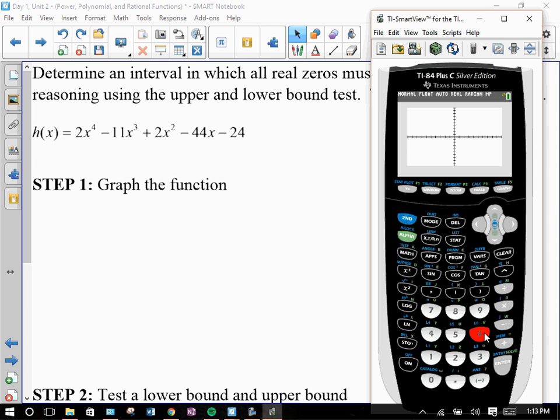What's it look like? Let's see if zoom 0 helps.